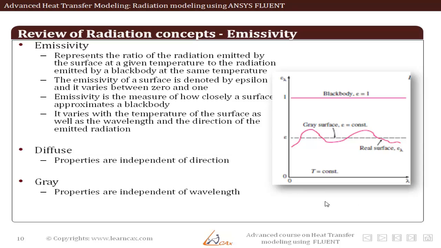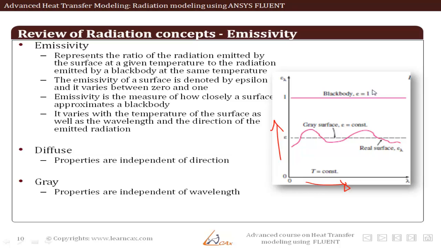If we try to plot emissivity as a function of wavelength, in this direction it is wavelength and in this direction is emissivity. So let us consider black body. As you can see, it is a constant straight line.